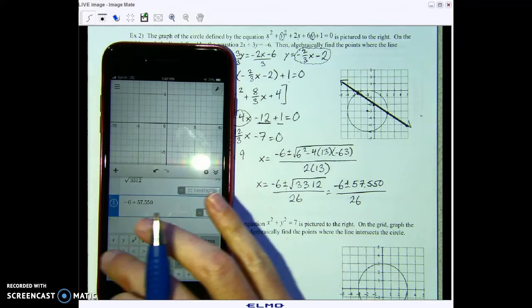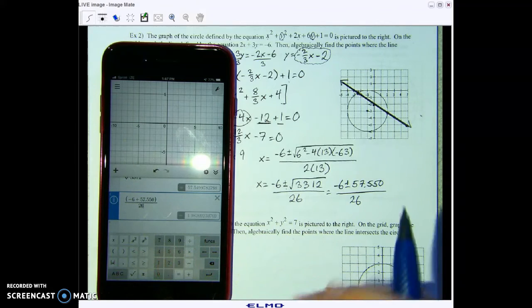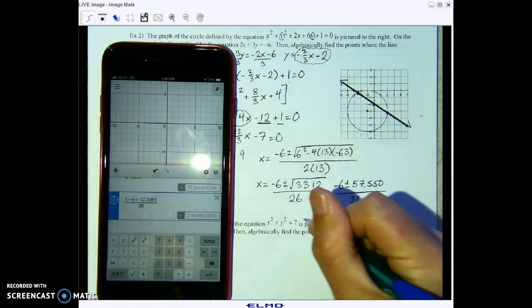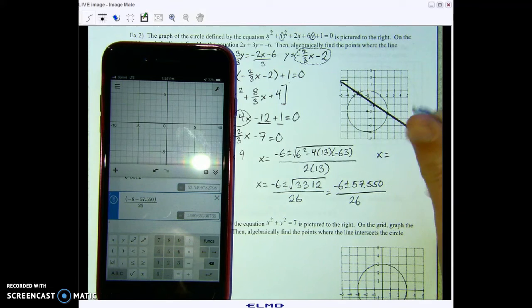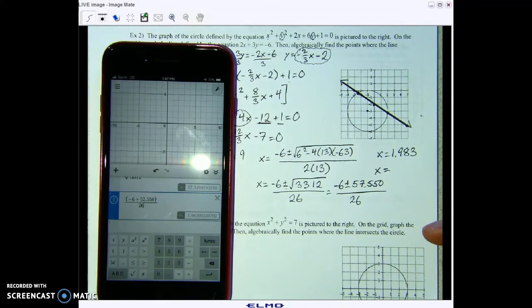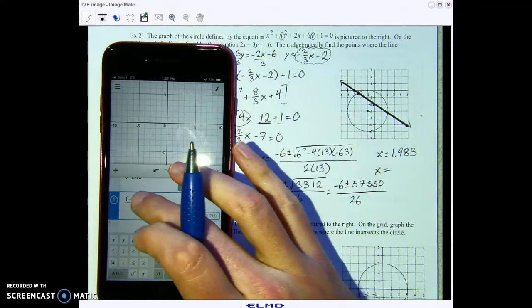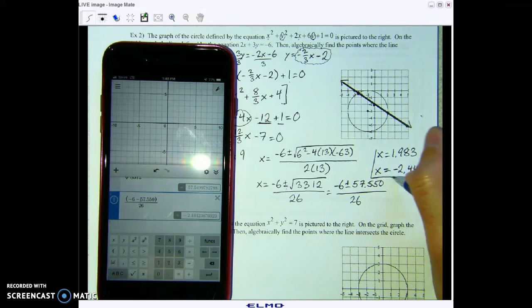And we're going to take that thing, put it in parentheses, and divide by 26. Okay, so my first solution is going to be x equals positive 1.983. And then if I take the converse of that, if I subtract 57.550 and divide by 26, I get -2.444. So we have these two solutions for x.